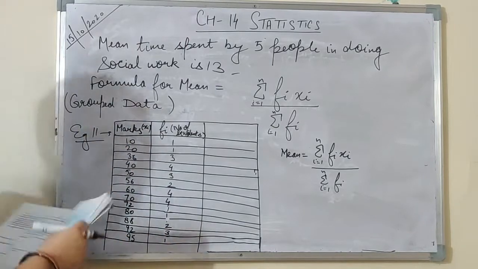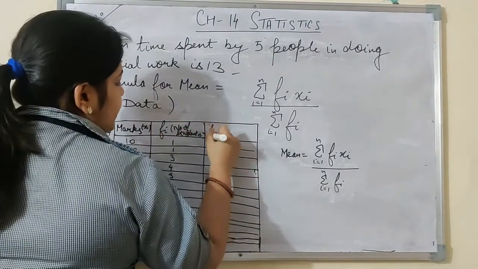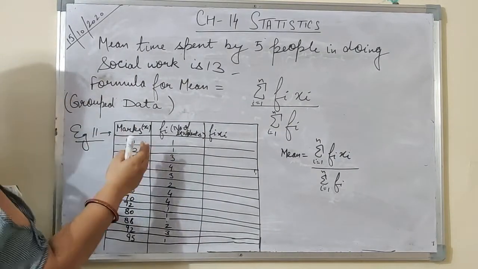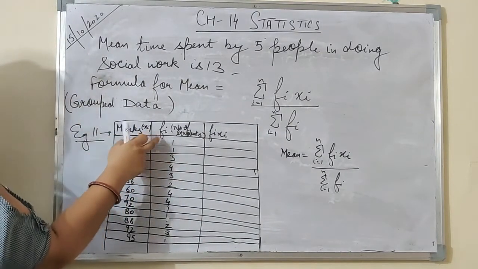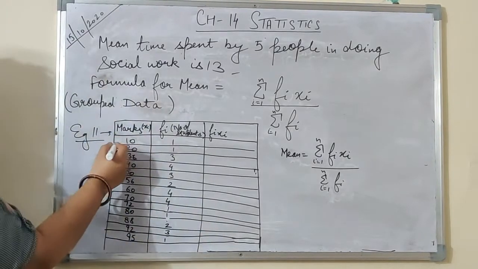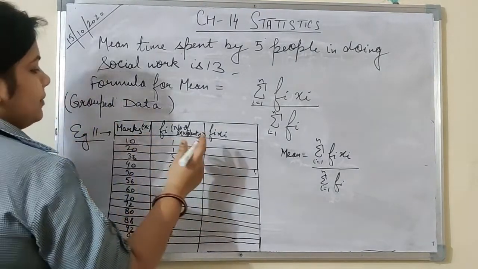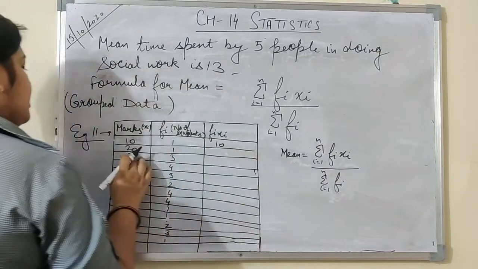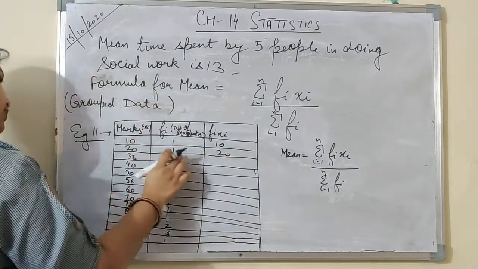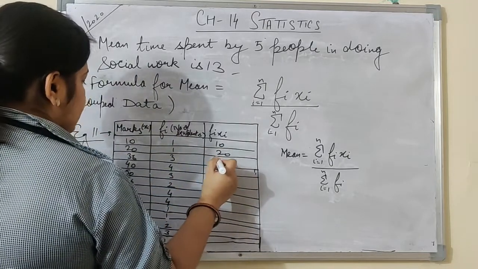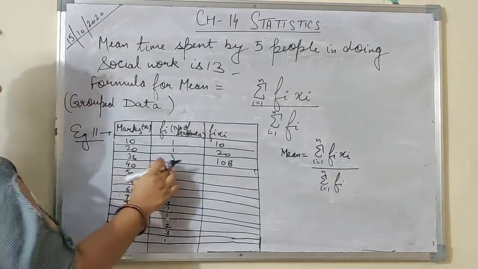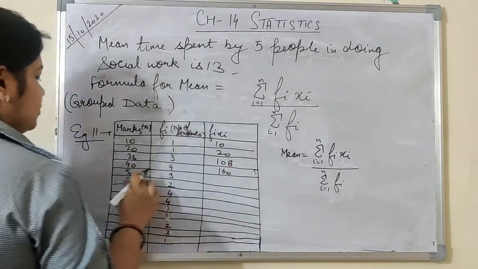Now how to find fi xi? Fi xi means we have to multiply our frequency with our class mark, that means with these marks. So if we multiply, we get 10. Similarly, 20 with 1 gives 20. Then 36 with 3 gives 108. Then 160.